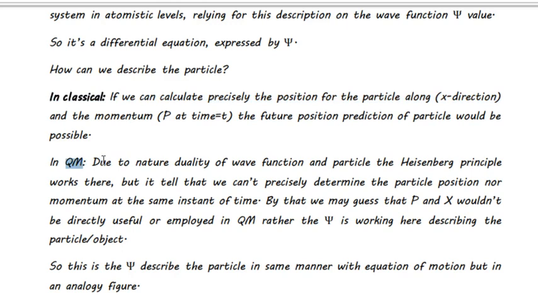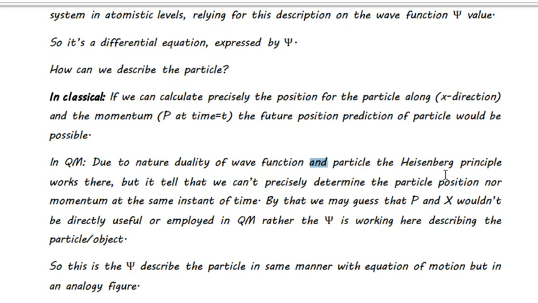But in quantum mechanics it's totally different, with a somewhat different translation of the meaning of dealing with that system. Due to the duality of the wave function, because as we mentioned the wave function is describing the nature and the behavior of the system and particle, the Heisenberg principle works there.